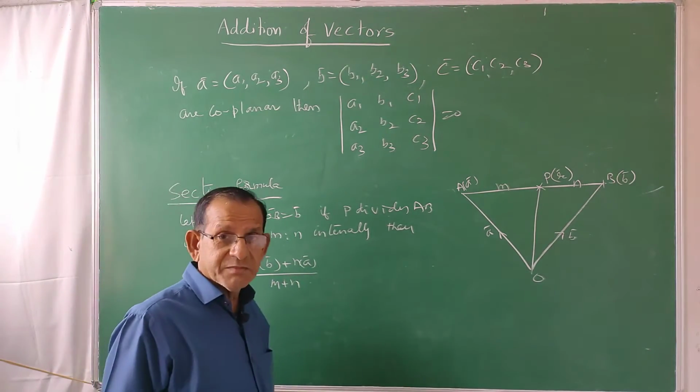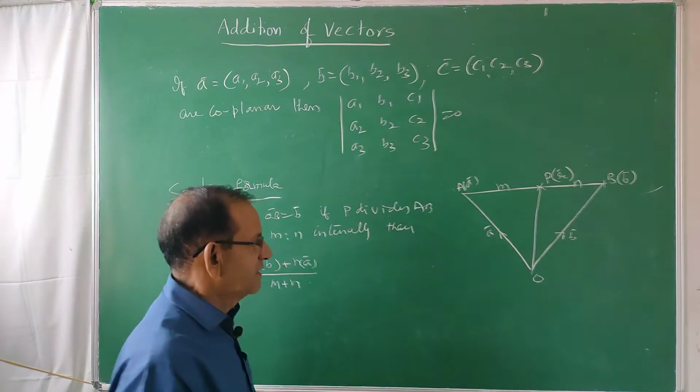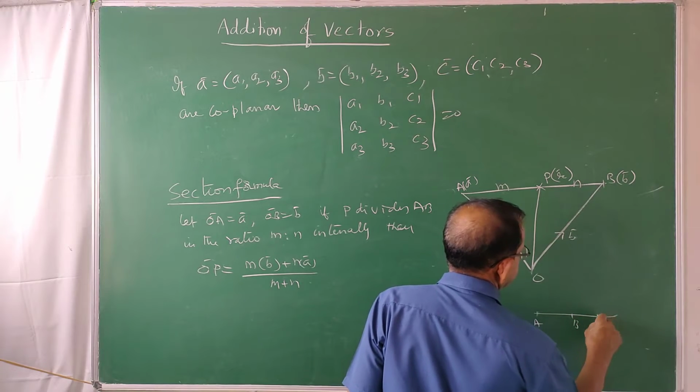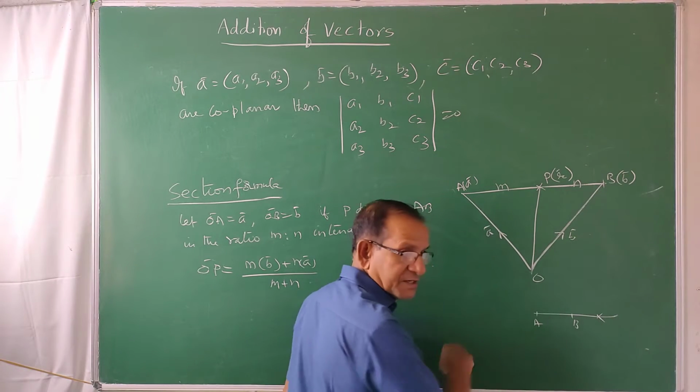If P divides AB in the same ratio but externally, not in between A and B. Suppose A is here, B is here, P is outside AB, either on the B side or on the A side.